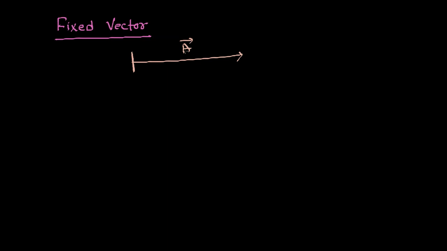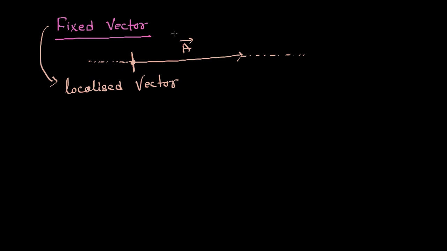So this A vector whose initial point or tail is fixed. That is an initial point. We cannot extend it here. We can extend it here. So this is called the fixed vector. The fixed vector has another name, that is called localized vector.